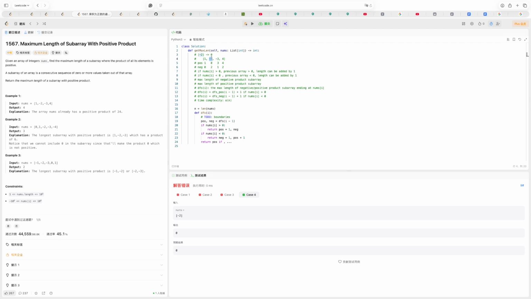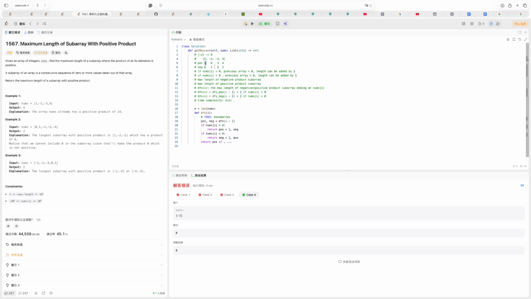Now we are asking the current positive length. Since I am negative, the positive length, I cannot continue, so we cannot add 1.